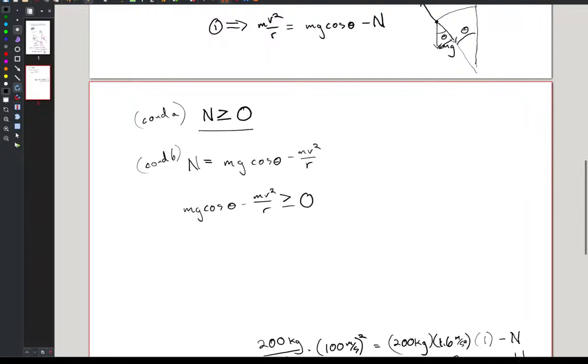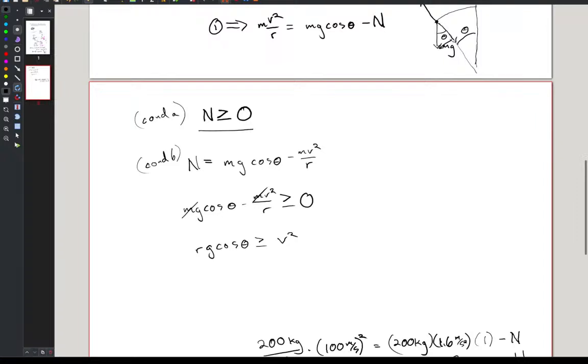Since that is n, based on my free body diagram, this has to be true, and based on the condition that I'm not leaving the surface, that value has to be more than or equal to 0. So now I know, drop the m's, g cosine theta is more than or equal to v squared over r, or rg cosine theta is more than or equal to v squared.